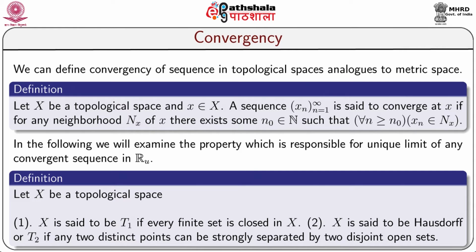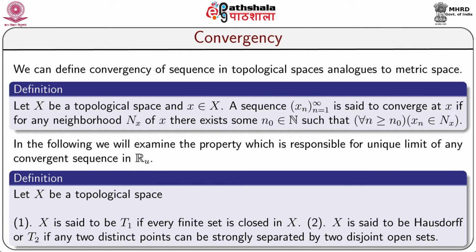Now we will discuss convergence. Like elementary real analysis, we can also define convergence here. We will define it in this fashion: a sequence xn will be called converging to some point x if for any open set containing x there exists some n0 belonging to N such that xn belongs to that open set for all n greater than or equal to n0.